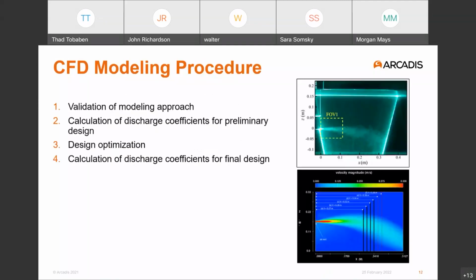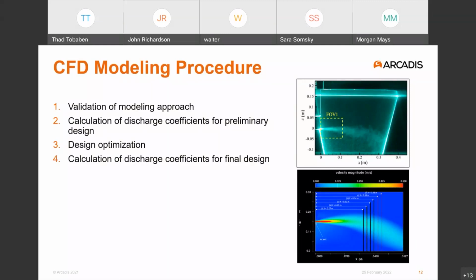The CFD modeling procedure consisted of 4 steps. The first step was a validation of the modeling approach. We used a commercial program known as Flow3D, sold and developed here in the US by a company called Flow Science.